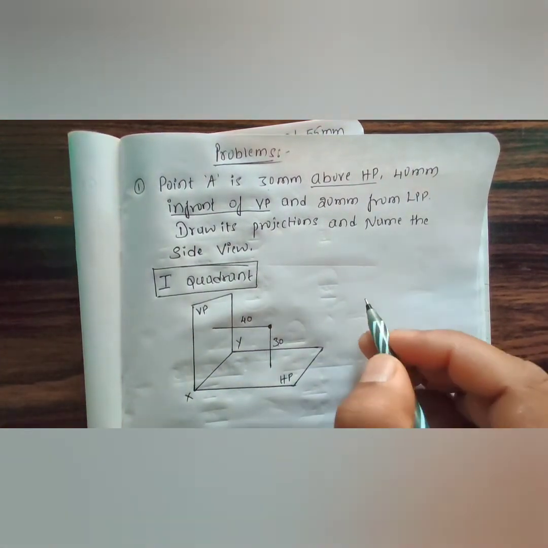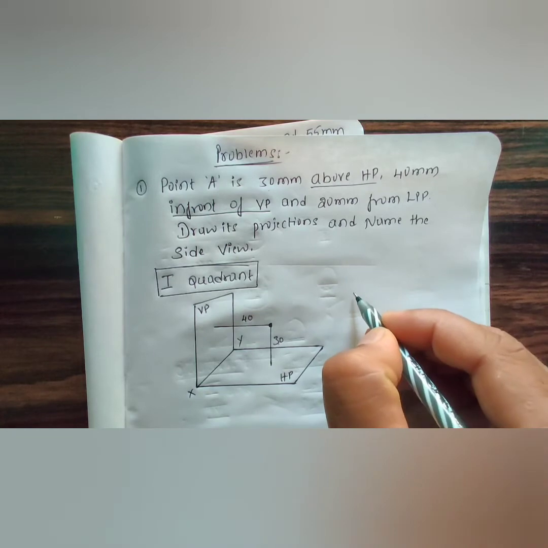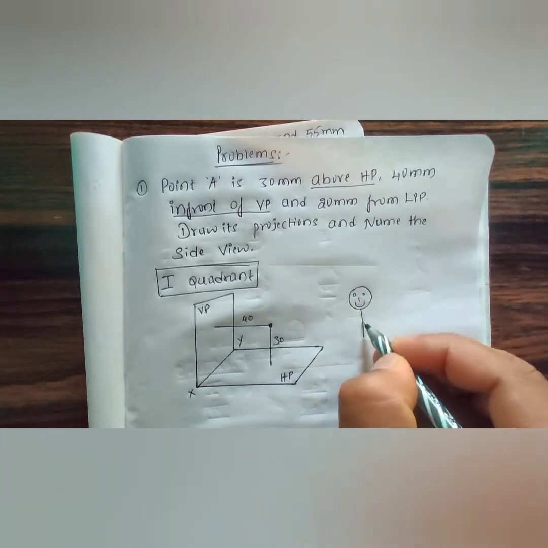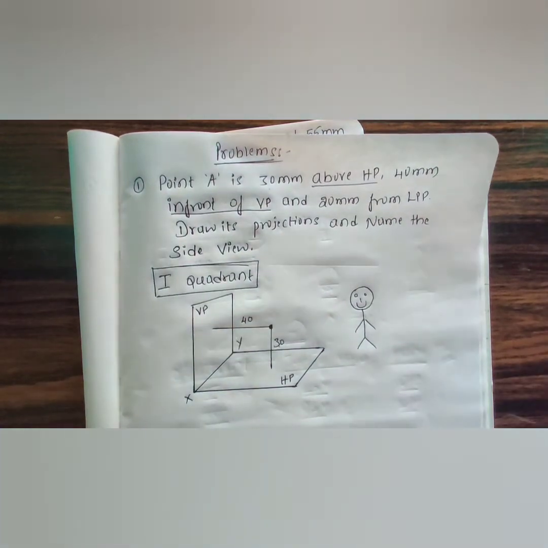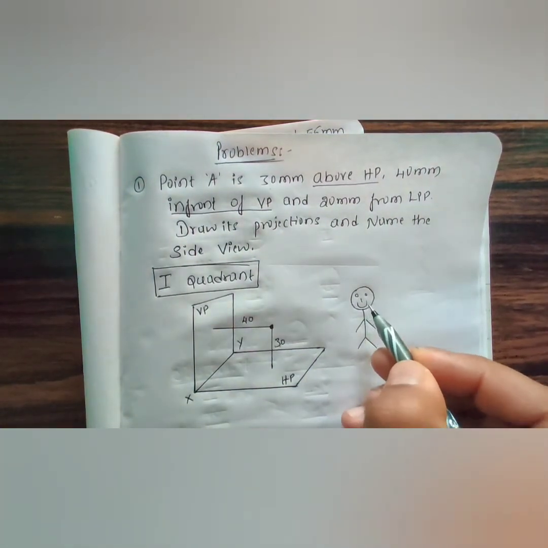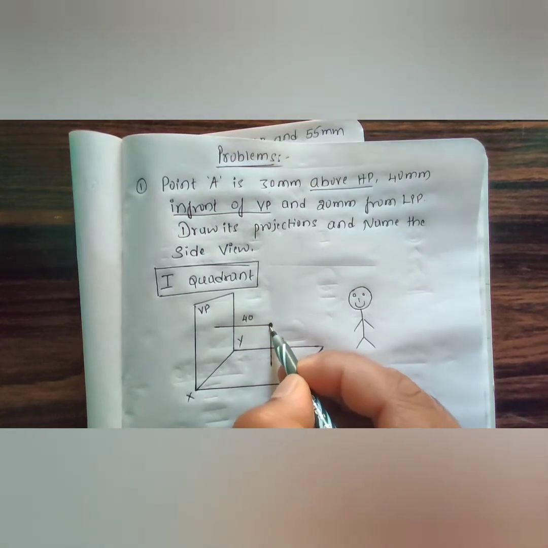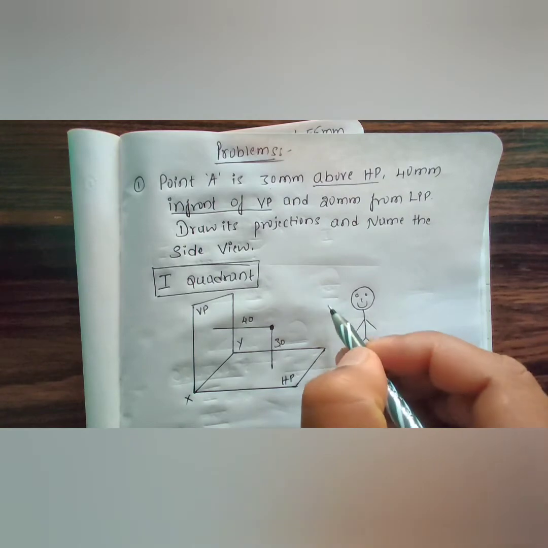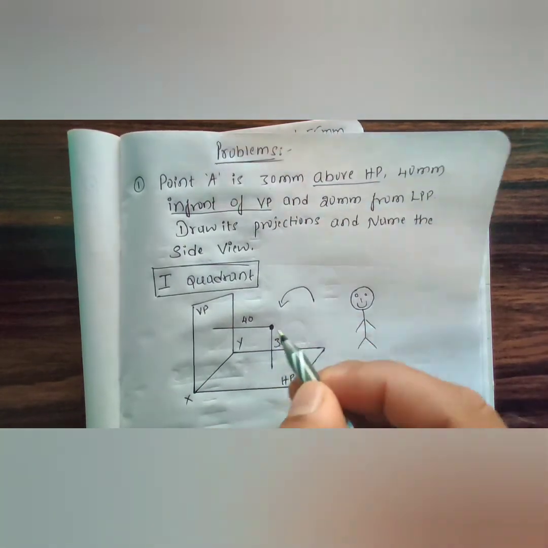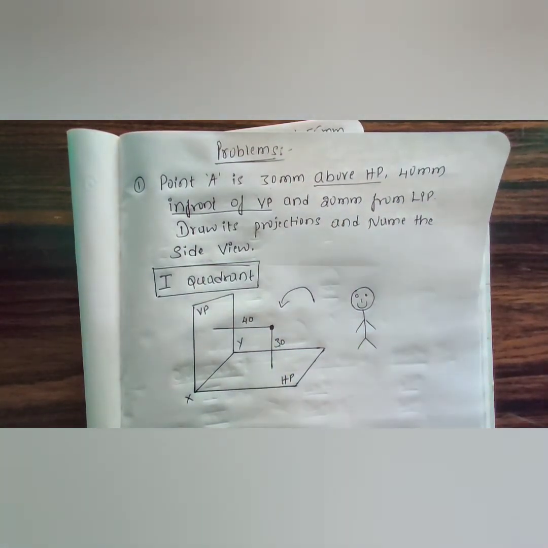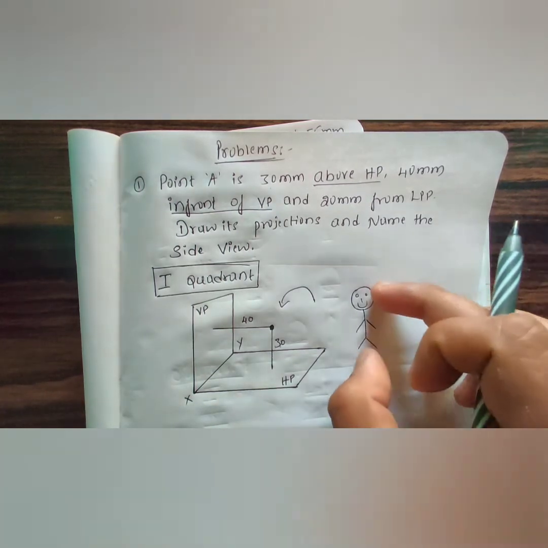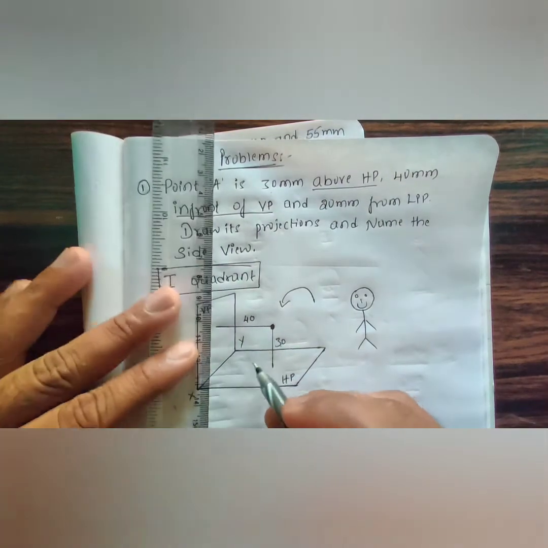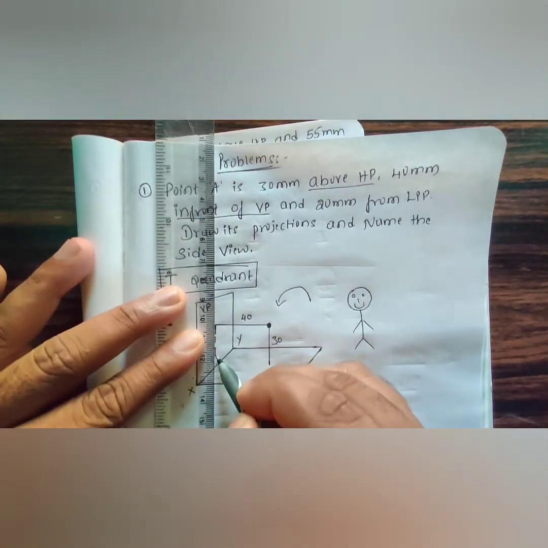Correct. So we know that the observer will be here, so he will be the observer, right? So once this observer sees the front view of the object, it will be projected on VP, and when this observer sees the top view of the object, it will be projected on HP. Correct. Similarly, once the observer sees this 30 distance, that will also be projected on, so isn't it?